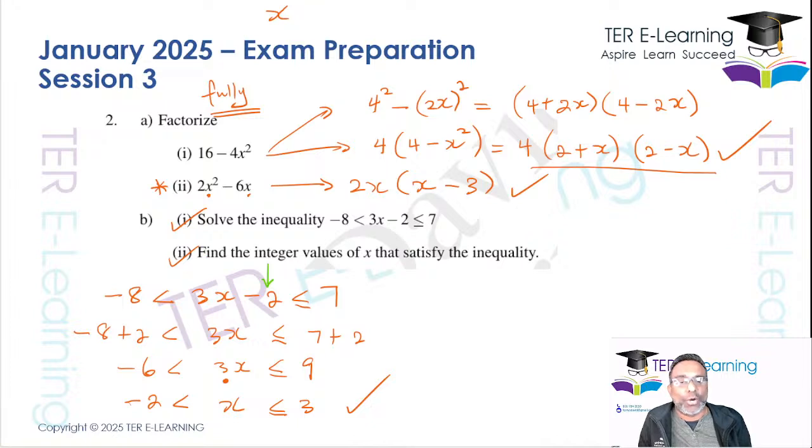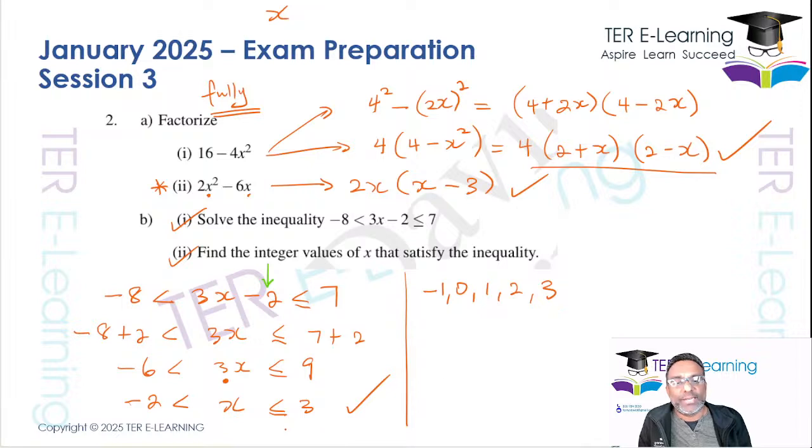For part 2 now, they want all the integer values between minus 2 and 3. So the integer values in this case, if we look at the inequality, it has to be greater than minus 2. So minus 1, 0, 1, 2, and 3.